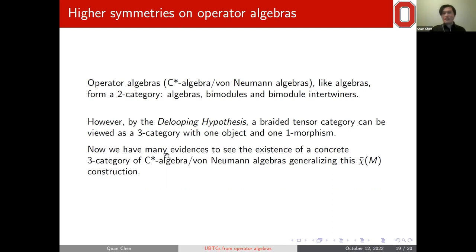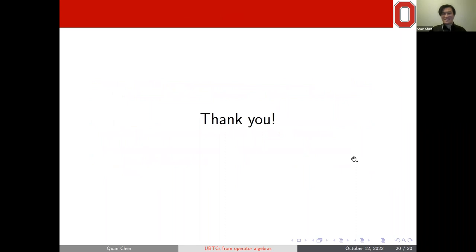All right. And now we have much evidence to see that the 3-category of von Neumann algebras or C-star algebras should be a thing. And which generalizes this chi tilde construction. All right. Thank you. Thank you for listening.